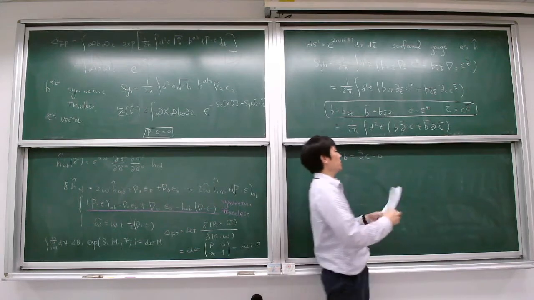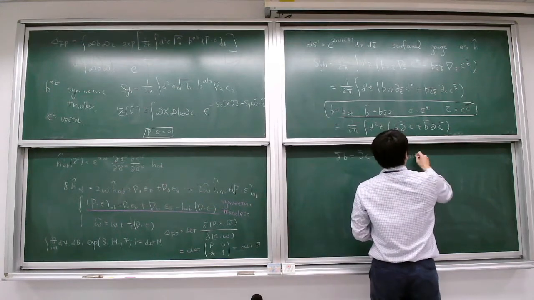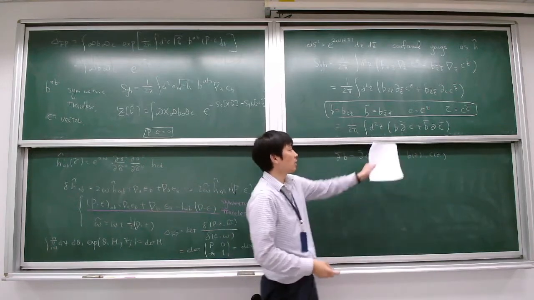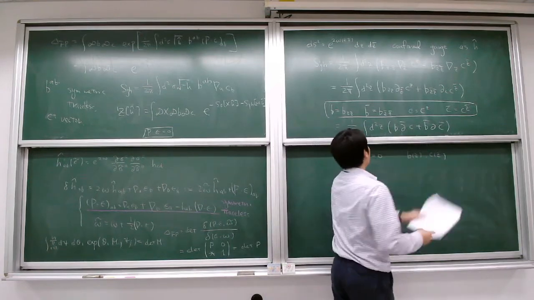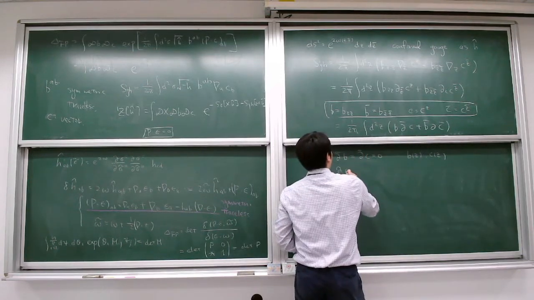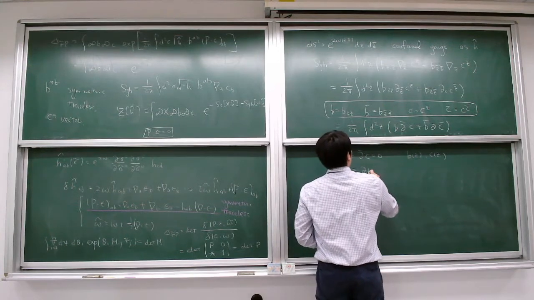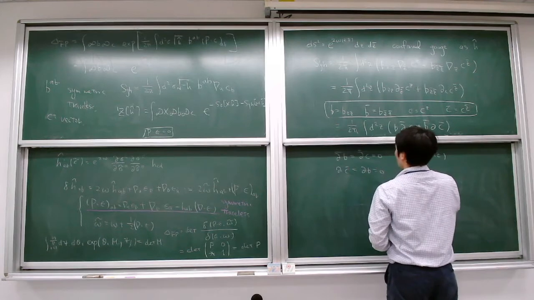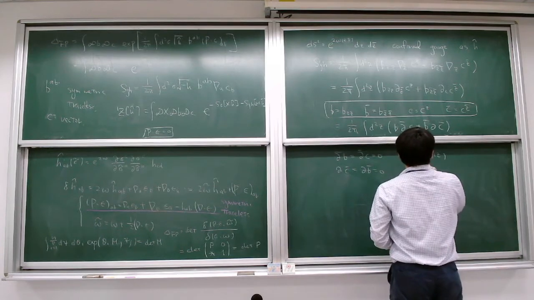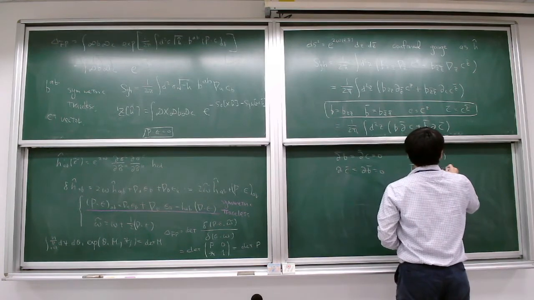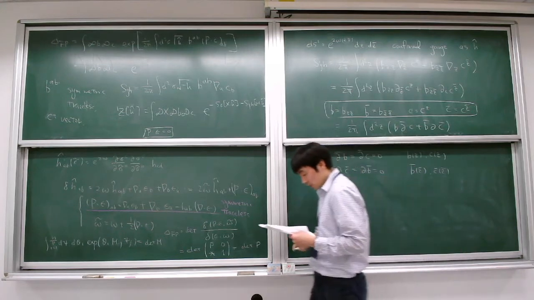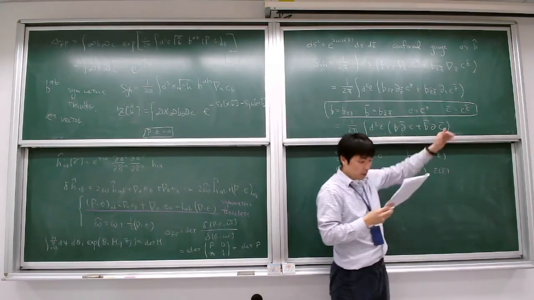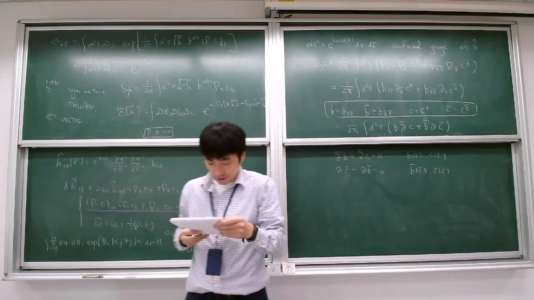So B and C are holomorphic objects. Okay, I call this the holomorphic sector, and this is from here. Oh my goodness. So this is anti-holomorphic. The equation of motion tells us the second one is anti-holomorphic. Okay, anti-holomorphic sector.